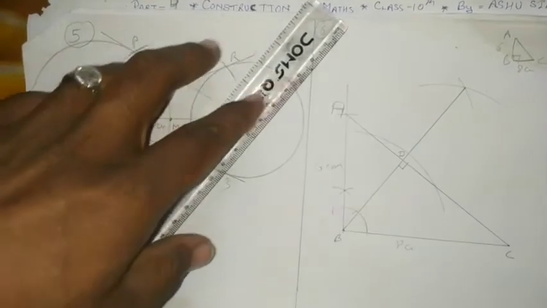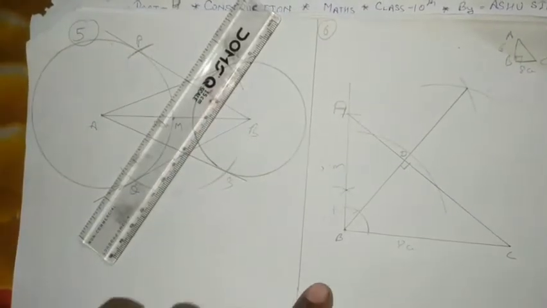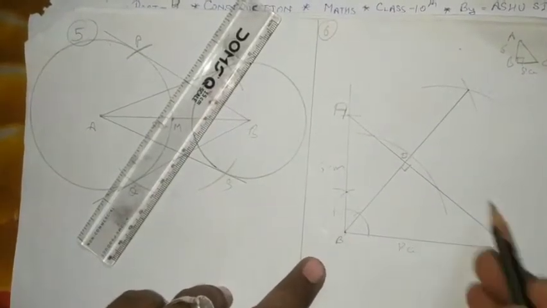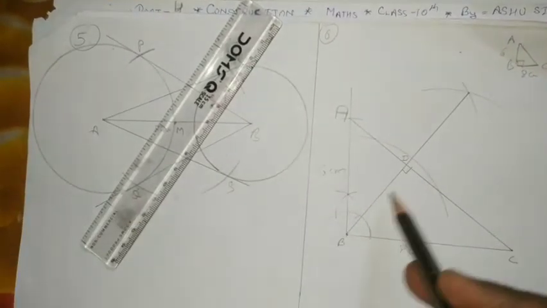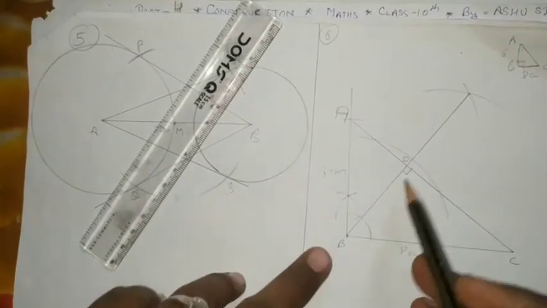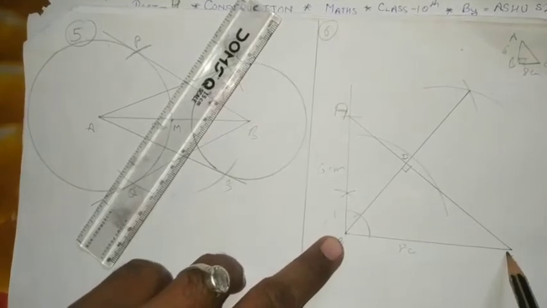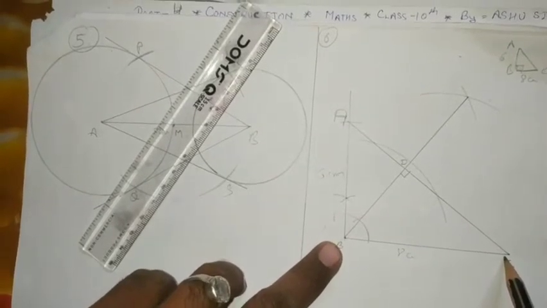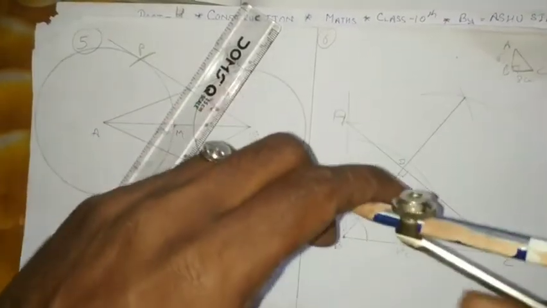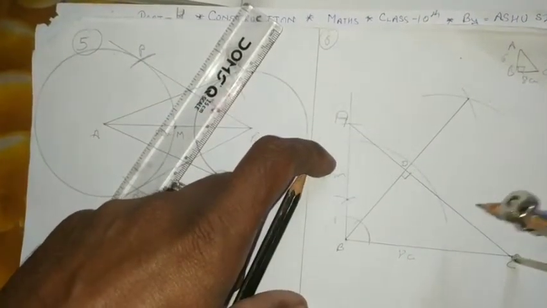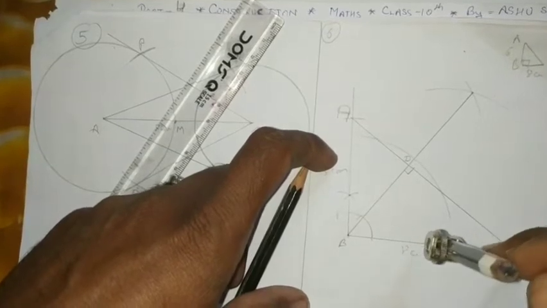Second step completed. Third step, a circle through B, C, D. You want to draw a circle through B, C, D. You know this is a right triangle, so BC is the diameter. For the center of the circle, construct the perpendicular bisector of BC.